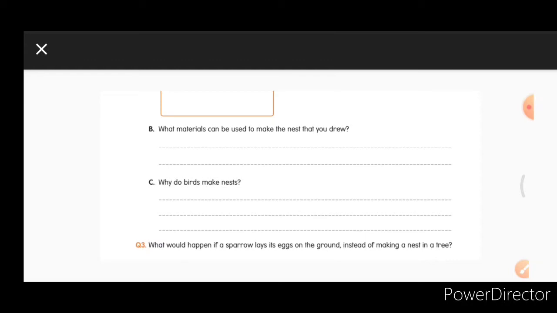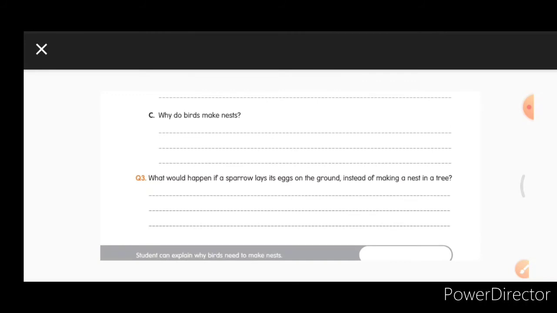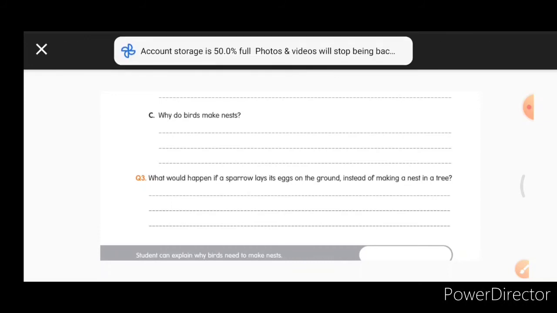Next, question 3, what would happen if a sparrow lays its eggs on the ground instead of making a nest in a tree? A sparrow is a small bird, right? So, it makes a nest on the tree top and lays eggs there. But what would happen if the sparrow lays the eggs on the street or on the road or on the ground?